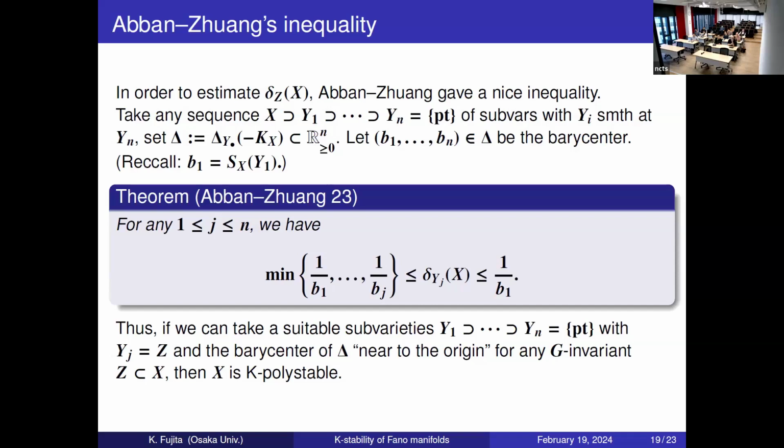So this inequality is trivial by checking the ratio of Y_1. Abban-Zhuang show the left-hand side inequality. Actually, they show that the minimum of 1 over b_1, ..., 1 over b_j can be estimated.